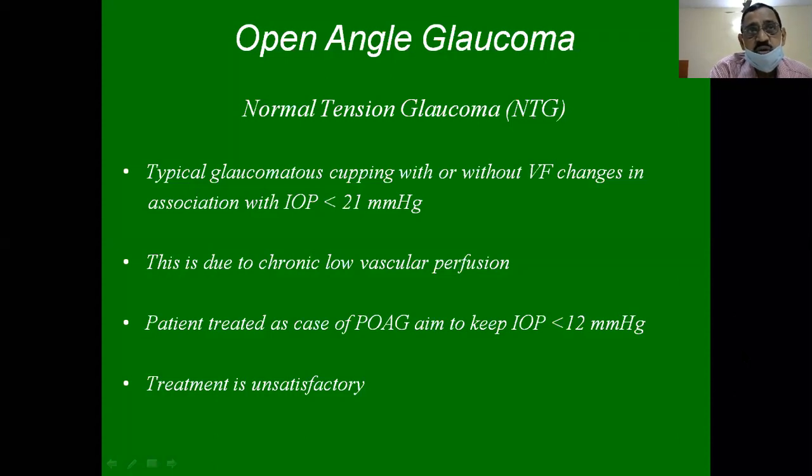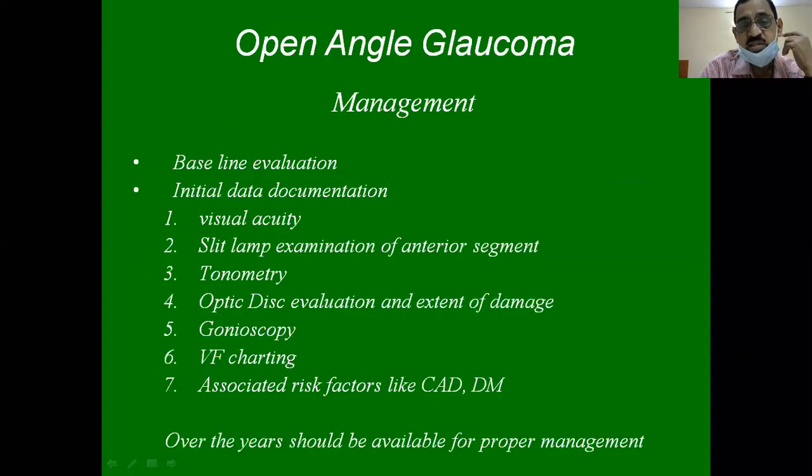This is due to, as we have already seen, chronic low vascular perfusion of the optic nerve head. The patient is treated as a case of primary open-angle glaucoma, and we have to reduce the intraocular pressure into the low teens. And treatment in these cases is unsatisfactory.